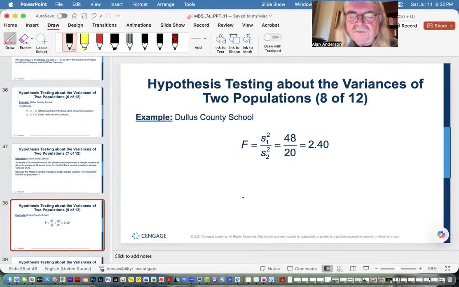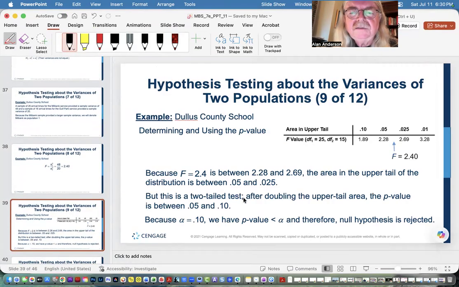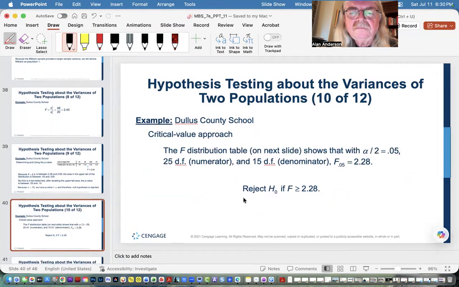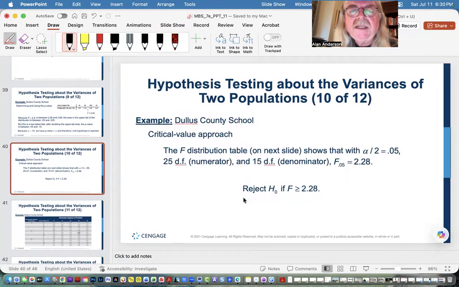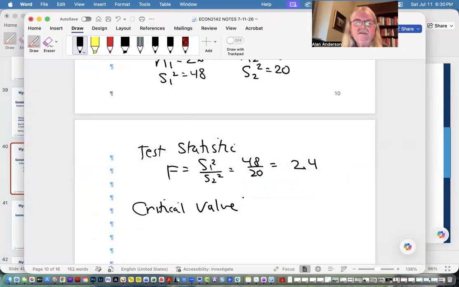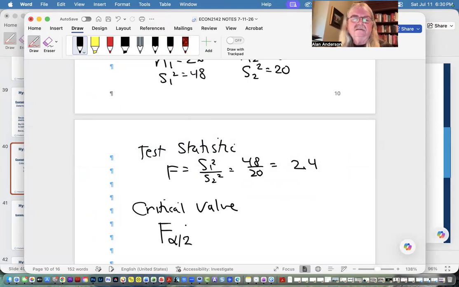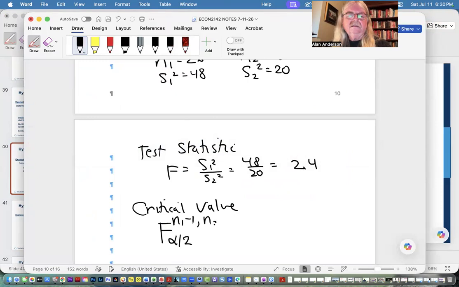Now the critical value is written as, now this is my notation, by the way, just so we can see everything all at once.